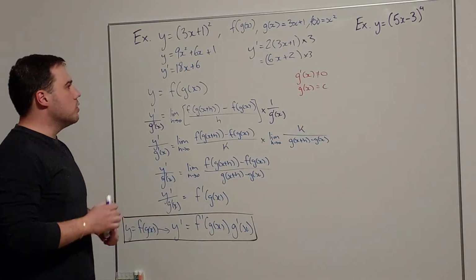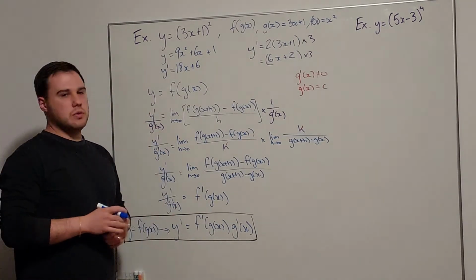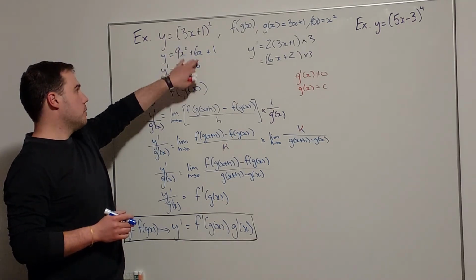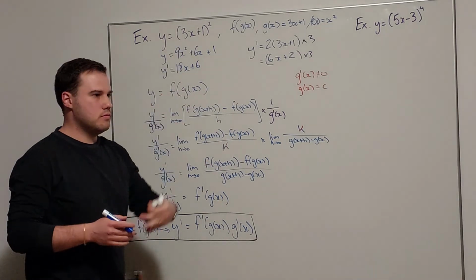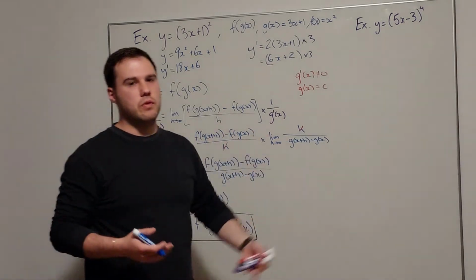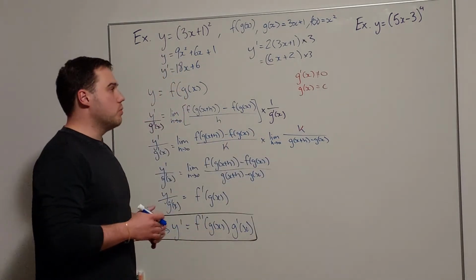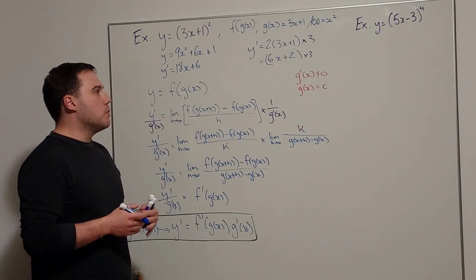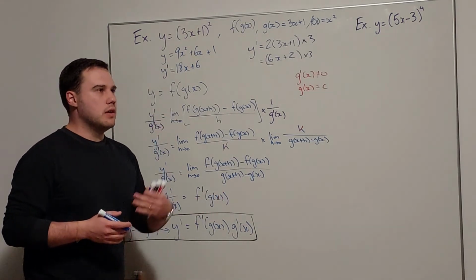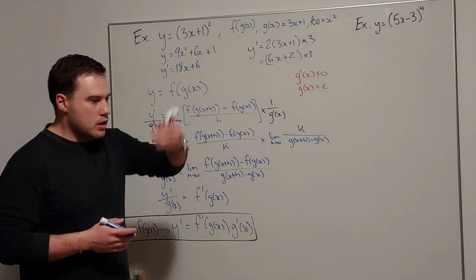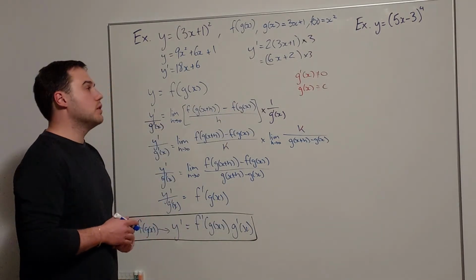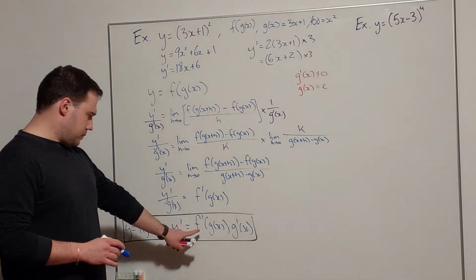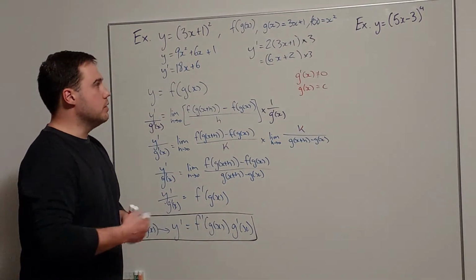Okay, so we could, again, take 5x minus 3 all to the power of 4 and, like we did here, expand out 5x minus 3 times itself 4 times. Might be a bit of work, or you might know binomial expansions. Either way, we could, in principle, expand this out and then differentiate term by term with some constant multiples out the front using the power rule. Okay, but let's try using the chain rule here.